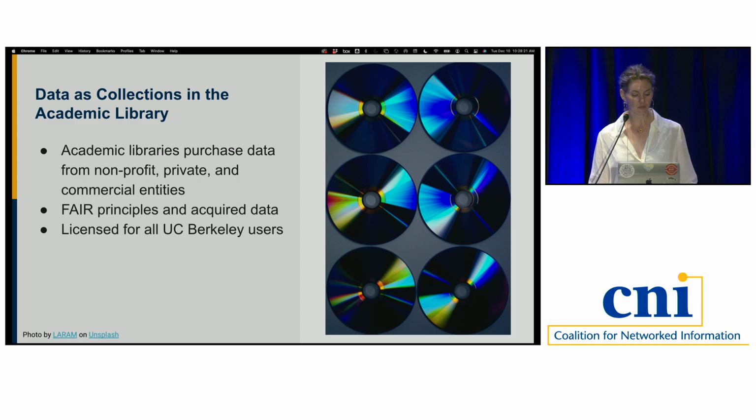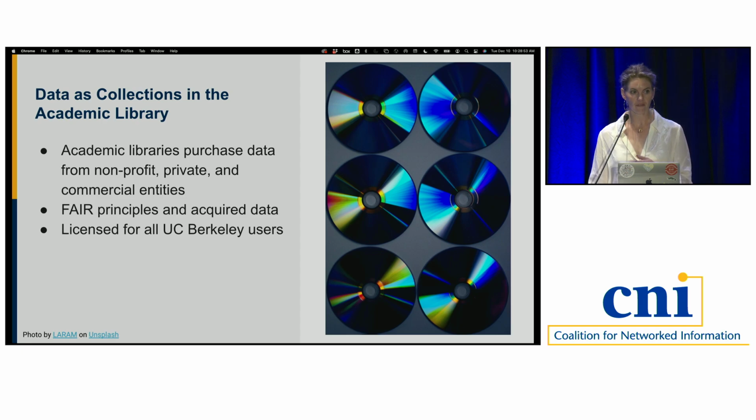I think that similarly to how we educate researchers on making their research data fair, findable, accessible, interoperable, and reusable, as collection managers, we need to strive for the same principles with our acquired data. Data at UC Berkeley is constantly being purchased by individuals, faculty, researchers, with their grant funds or whatever. But when the library purchases data, it's a much different process.